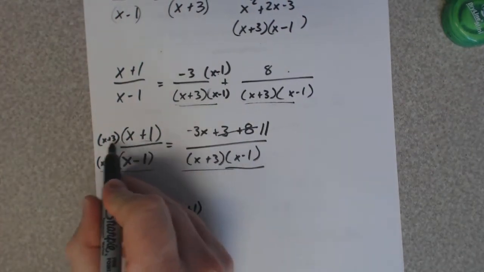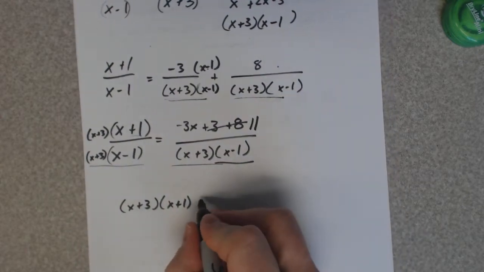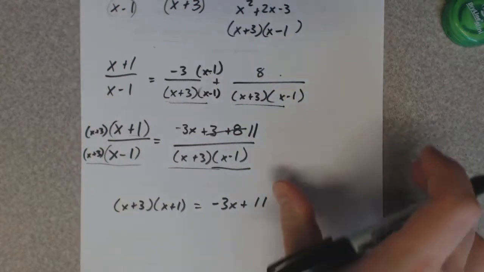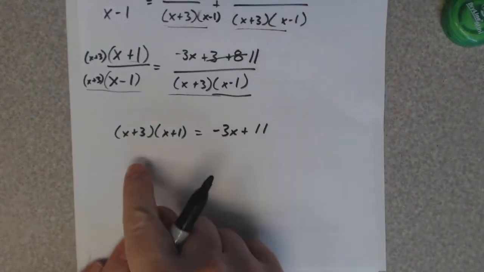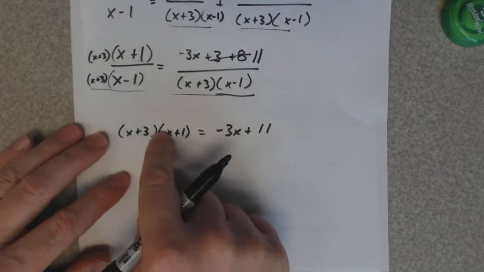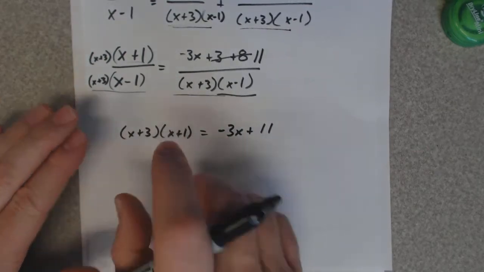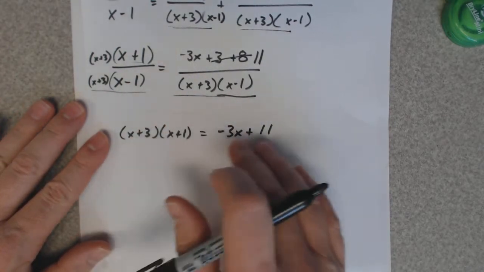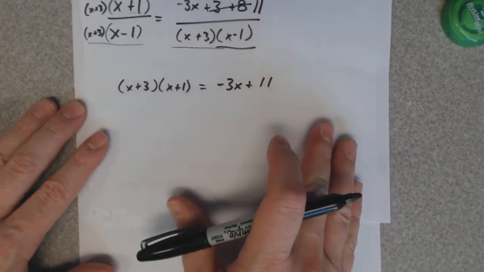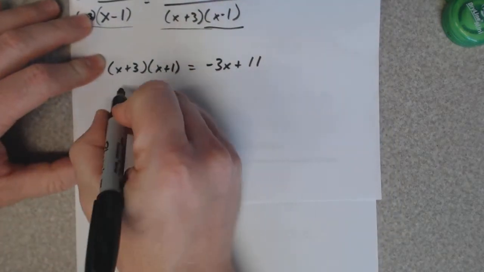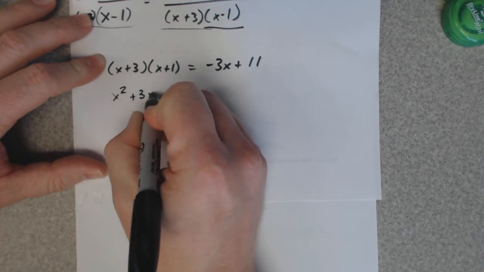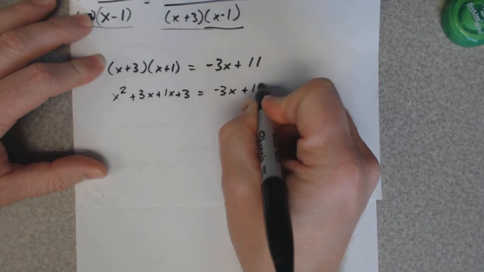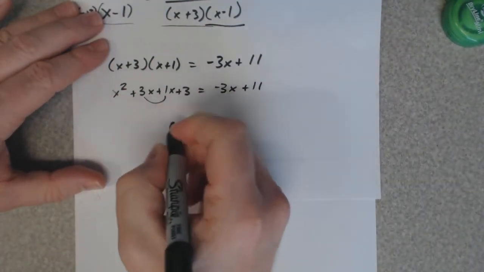Right? You're multiplying all this by x plus 1. So I'll put both of those in parentheses now. And that's -3x plus 11. So now you can't really get away from the quadratic business because this is a quadratic. To solve these, you have to multiply this all out, get all this over to the other side so there's a 0. You have to have 0 on one side, and then you can either factor or use the quadratic formula. So if I multiply this out, I get that, and then we combine the two middle terms.